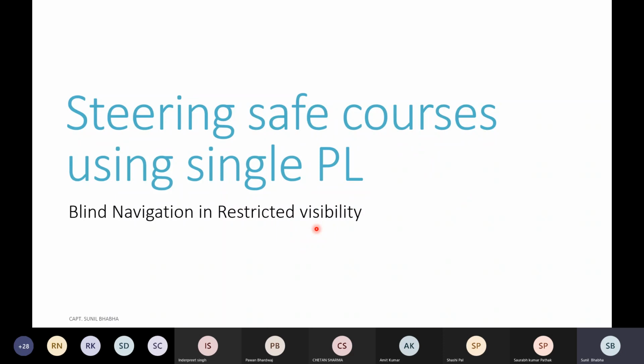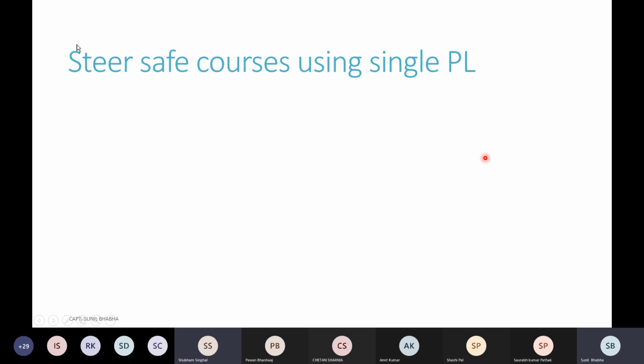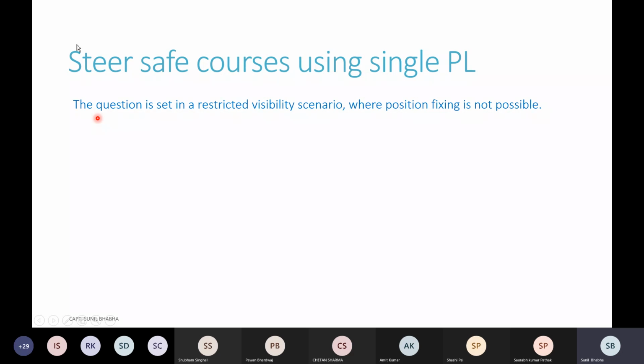So let's see what this question actually is and how do we go about solving it. Now, before we move into the question itself, let's first try to understand what is the scenario in which this question is based. Once you understand the scenario, it becomes very easy to solve this question.